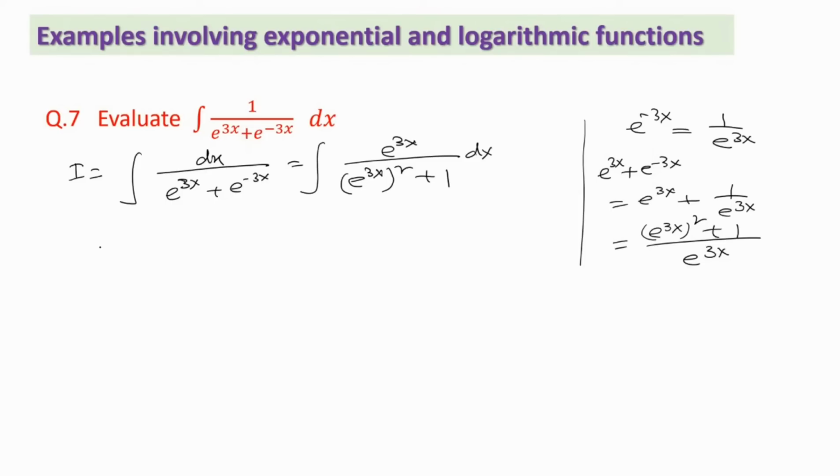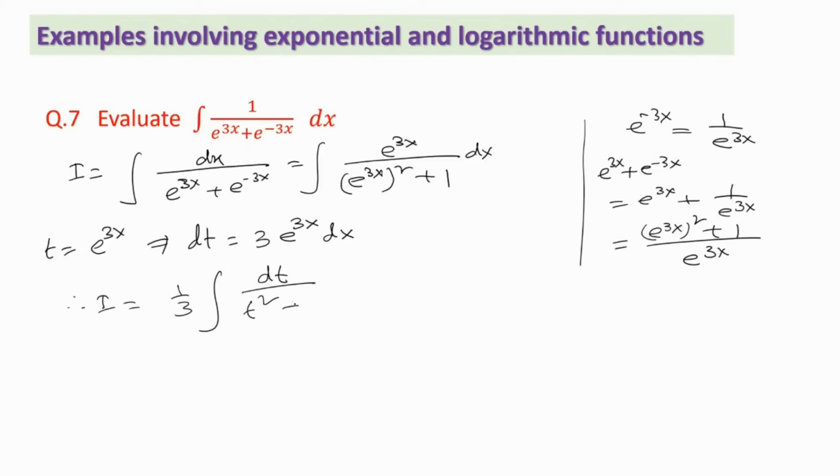So now we'll substitute t is equal to e to the power 3x. This implies dt is equal to 3 e to the power 3x dx. So therefore I is equal to 1 over 3 integration dt over t square plus 1.